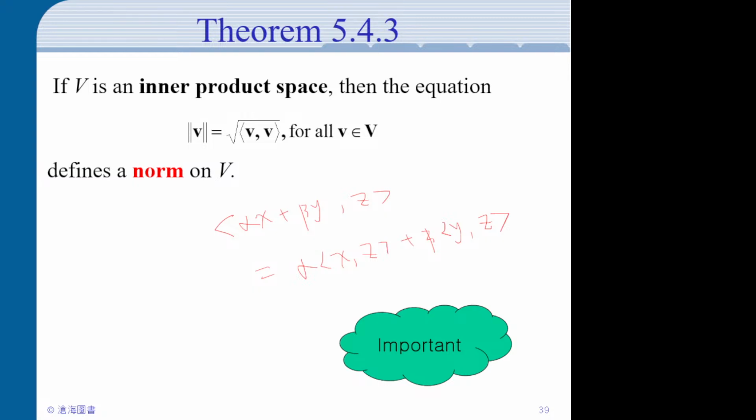So if you just take beta equal to 0, then you see that alpha x inner product z equals alpha times x inner product z. And then also by symmetry, you also have x inner product alpha z equal to alpha times x inner product z. So you have alpha x with alpha x, and that's just alpha squared times x inner product x.